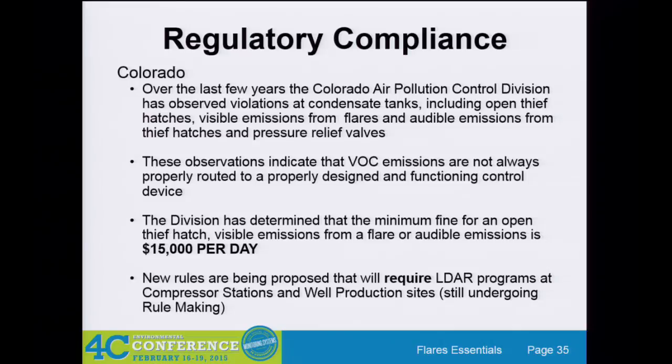It's kind of an issue of the industry, these thief hatches, which are basically the gauging hatch that your loaders, your truck haulers use to take the load. They're getting left open or they're not maintained, as I mentioned earlier, but this is a big number by anybody's standards. The commission allows a $15,000 per day violation if thief hatches are found open. And those are happening. So that definitely got folks' attention.